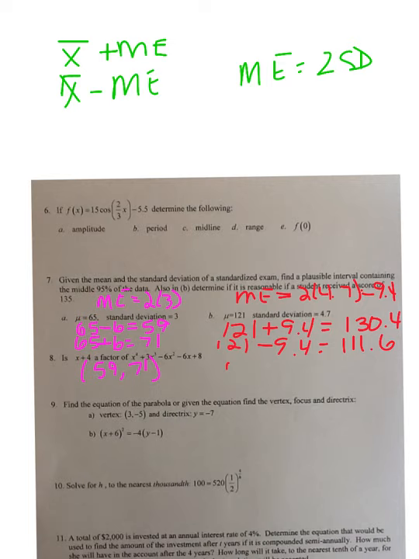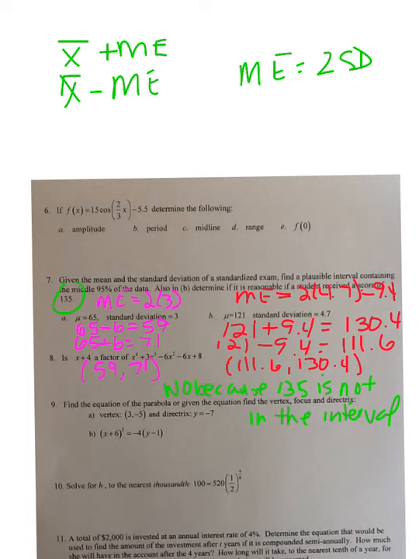So the interval is from 111.6 to 130.4. So now the question is, is 135 reasonable that a student scores 135? And the answer is no, because 135 is not in the interval. Okay? All right, so let's take a look at the next one, number 8.